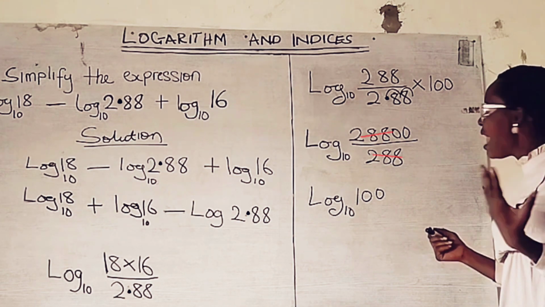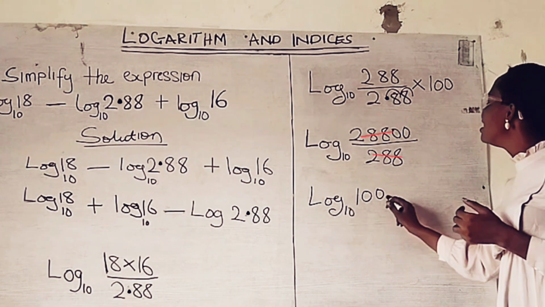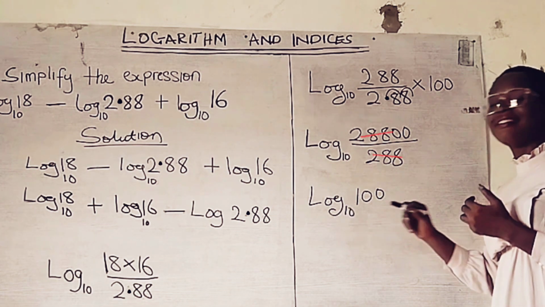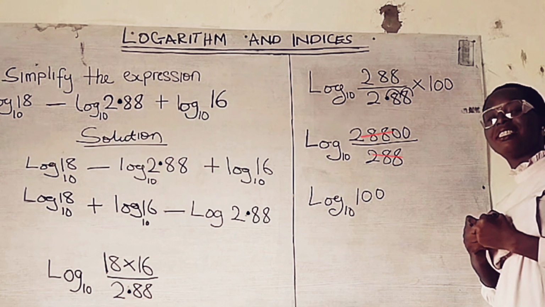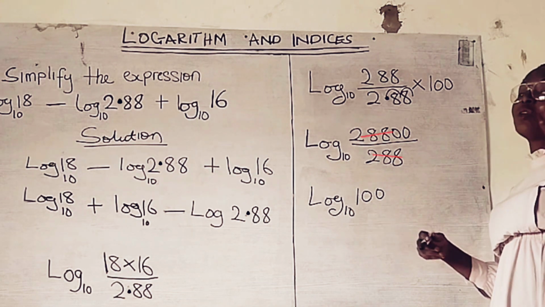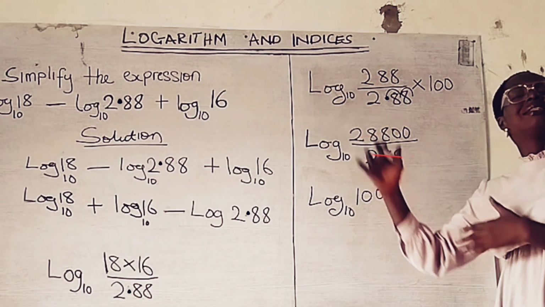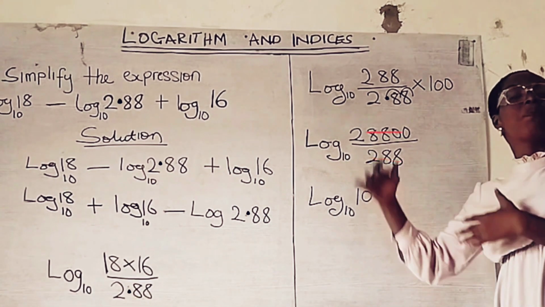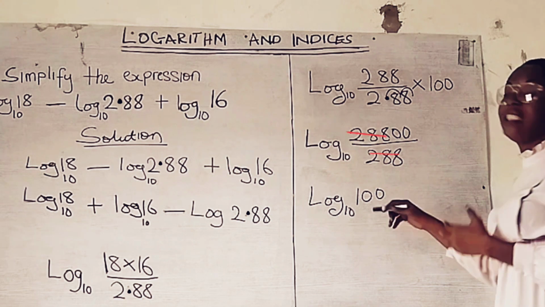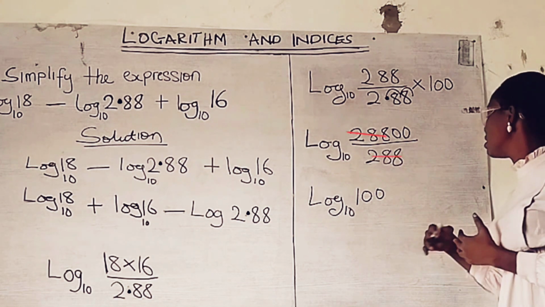Okay, what do we have? We have log 100 base 10. And mathematics makes us understand that 100 is simply 10 times 10, which is 10 raised to power 2. I have to put this 100 in this one. That's why I'm talking like this.